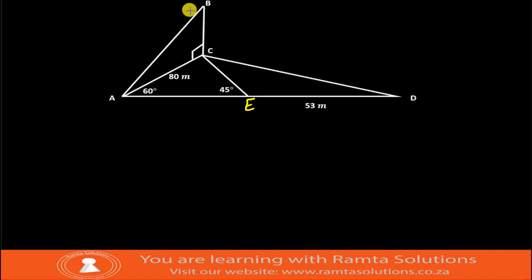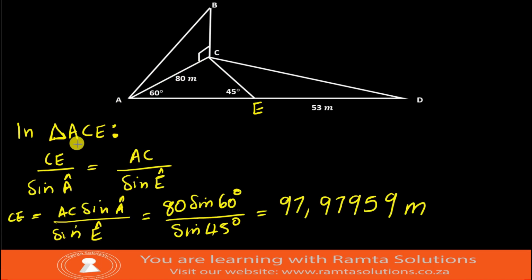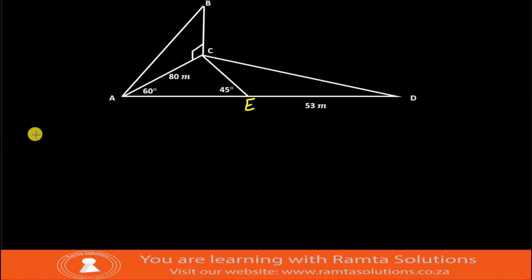So again, I'm continuing under triangle ACE. Now, check this out, angle C is equal to 180 degrees minus 60 degrees minus 45 degrees, which is, what is it?